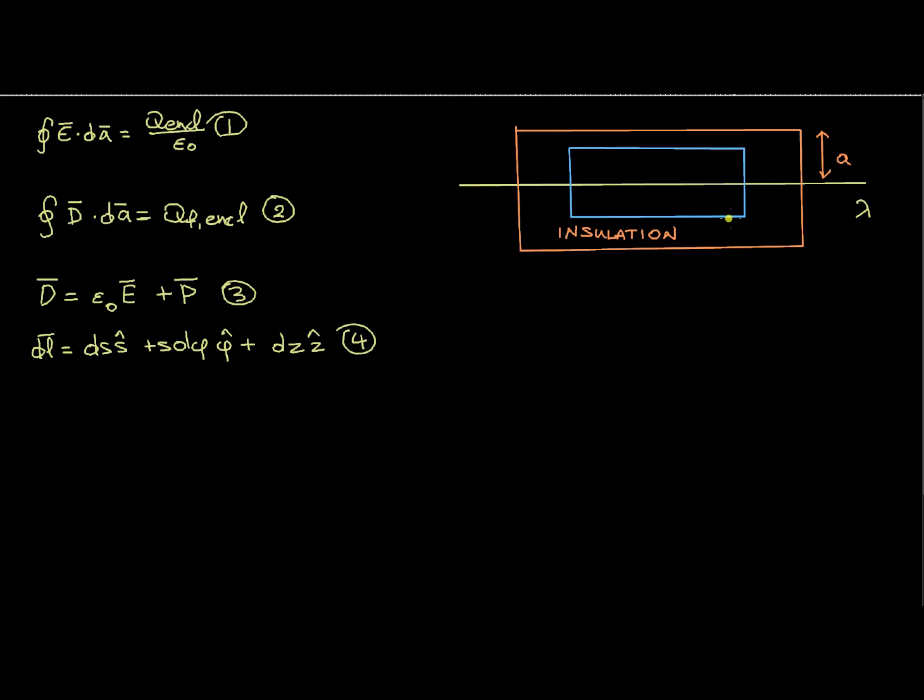So this blue thing is going to be my Gaussian surface, and this is a cylinder, as well as the insulation. Both of them are cylinders. I just have the side view here, so let's make a note: this is the side view. This is my Gaussian surface.